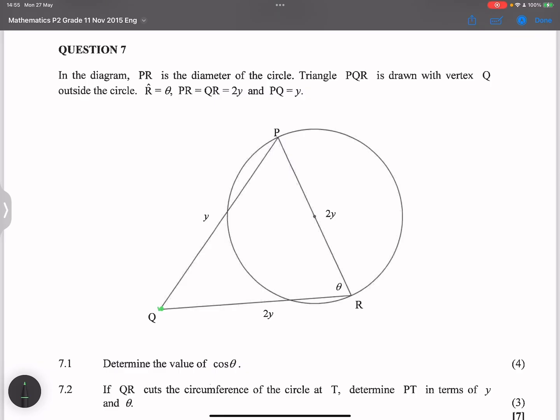They say determine the value of cos theta. Now notice this is not a 90-degree triangle. However, the angle theta would be the included angle between the two sides PR as well as QR, right?